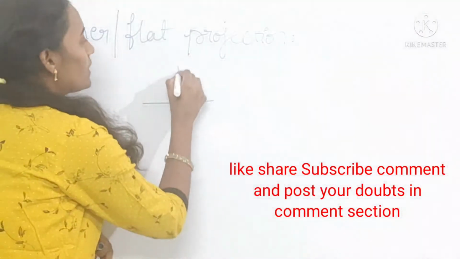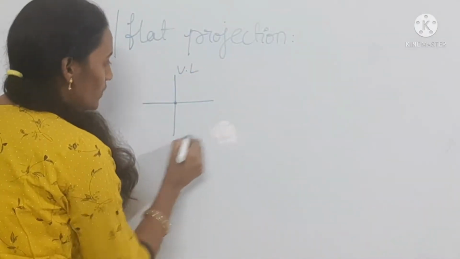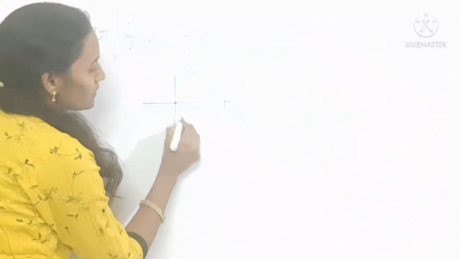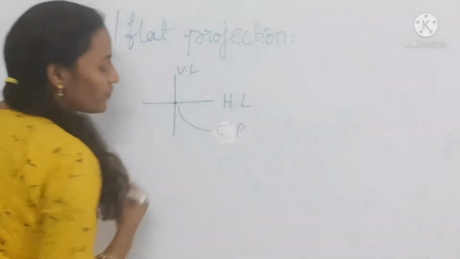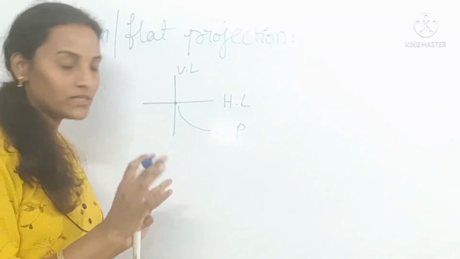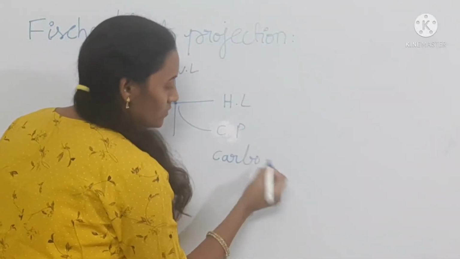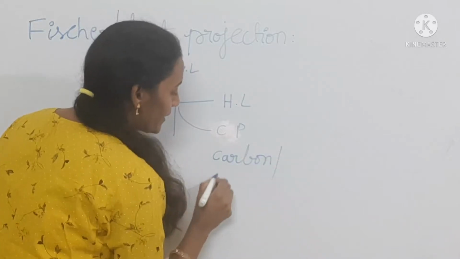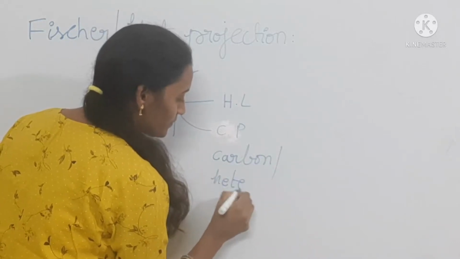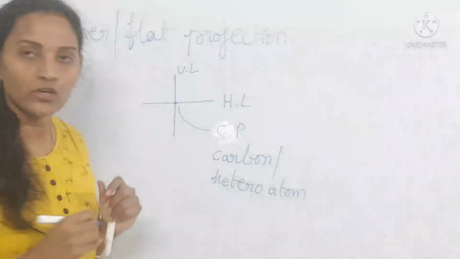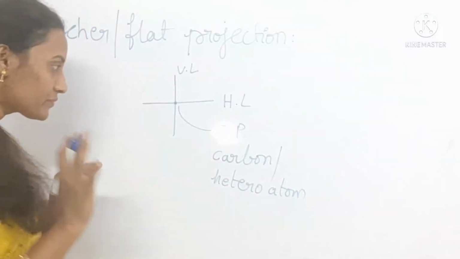Okay, this is the vertical line and this one is the horizontal line. See, this is the cross point. At this cross point, a carbon or a heteroatom will be present.